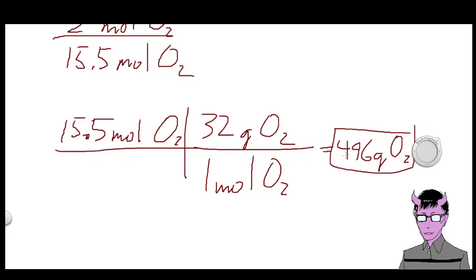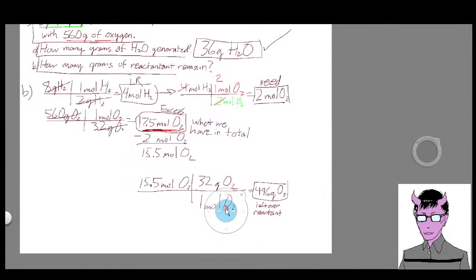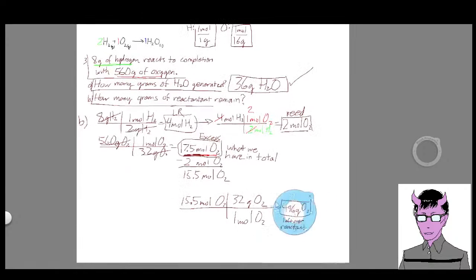That means this is the leftover, the excessive amount based off of the moles of oxygen left over. So this is our leftover reactant. That pretty much concludes part B. So we have 2 answers: how many grams of water is generated, and how many grams of leftover reactant remains, which is the oxygen.